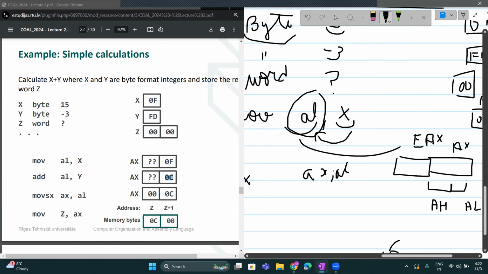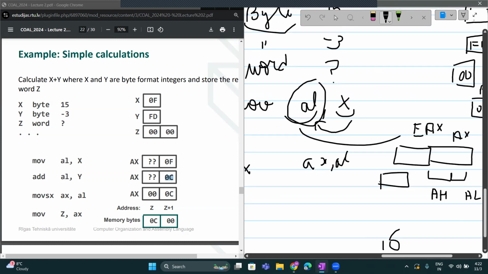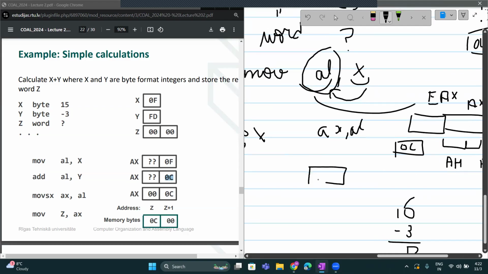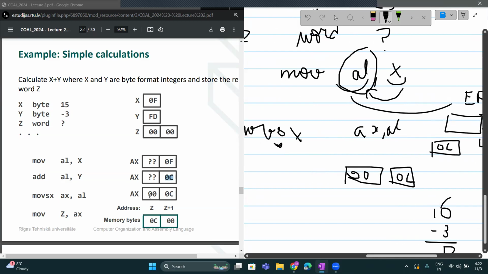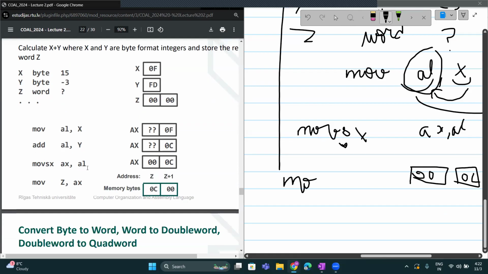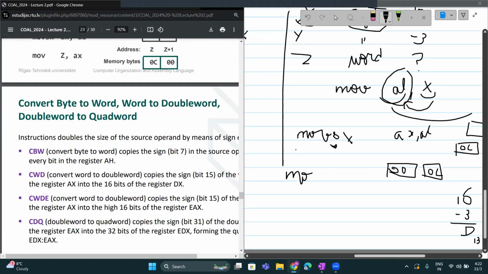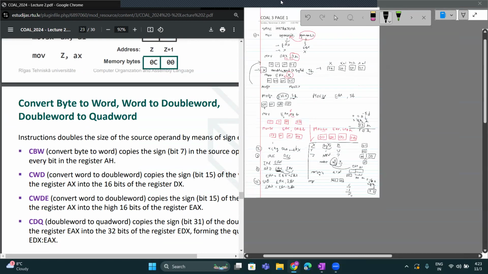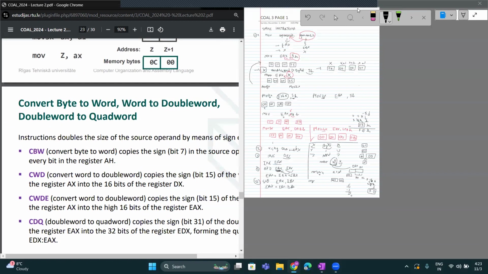So we are sign extending the AL value, which was 0C, to AX, which has 2 bytes: 00 and 0C. You can see that's why it's here. And then finally, we are saving this value to Z, which is in memory. Whenever we save in memory, it swaps its positions. That's how simple calculations work. And now let's create a new page.